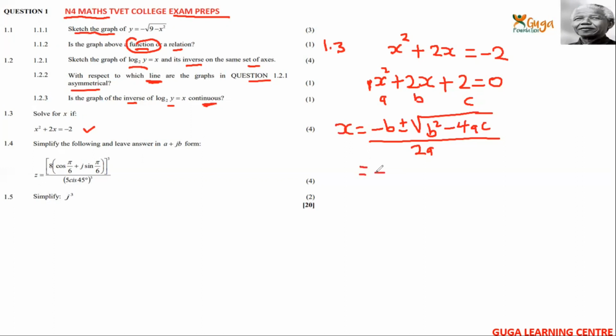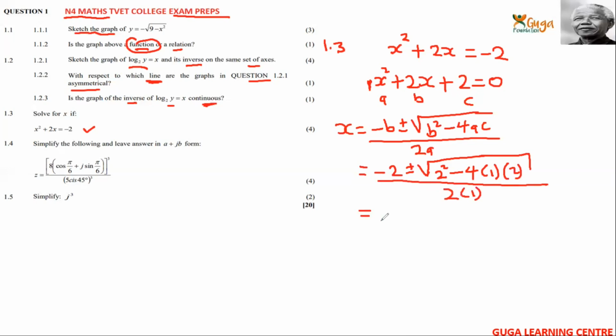It's going to be minus 2 minus or plus the square root of my b, which is 2 squared, minus 4 into 1, and then my c is 2, all over 2 into 1.